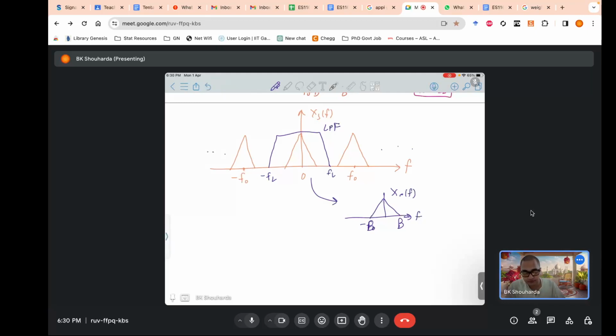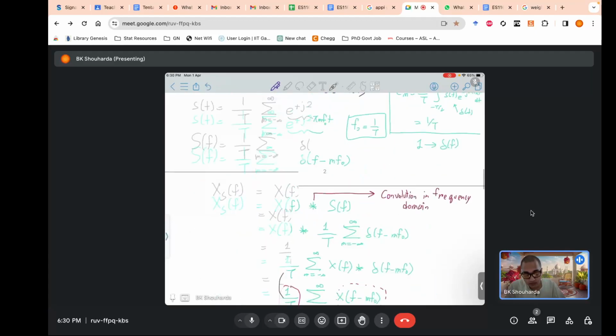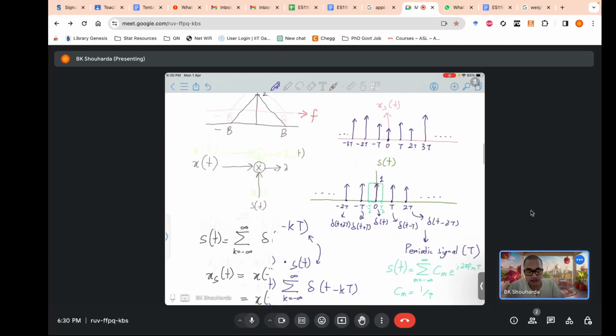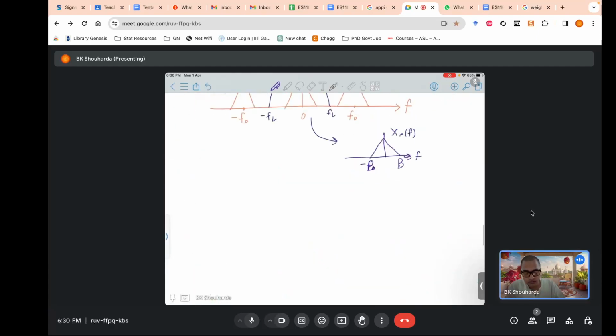Now, getting back to our original question, we had x(t), a signal with Nyquist sampling rate 2 omega naught. Nyquist rate being 2 omega naught means the bandwidth of the signal is omega naught. What is the Nyquist sampling rate for y(t) equal to dx(t)/dt? Let's draw a picture.